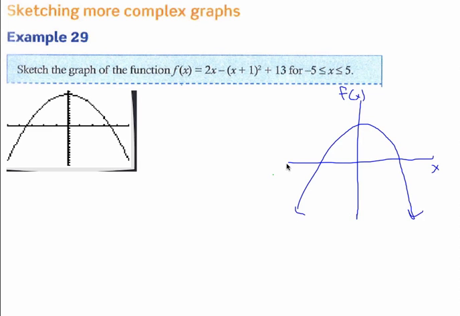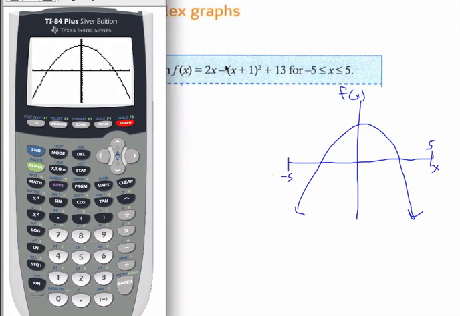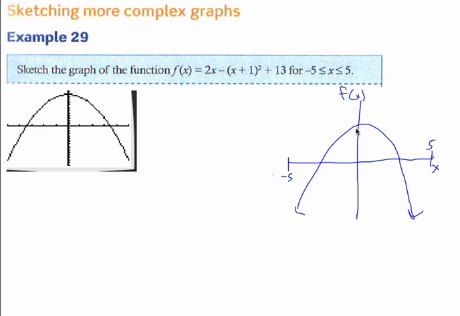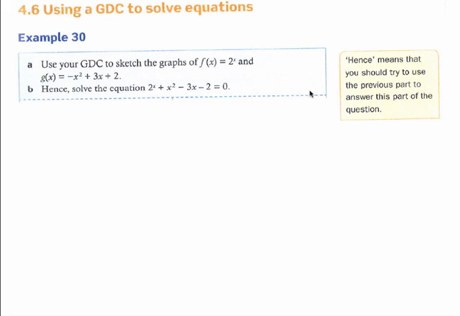Our range is negative 5 to 5, so we can put that in there as well, like negative 5, 5, so we get some idea of the size of this thing. You can also check out on your table, maybe the y-intercept is 12, so we can probably label that point so we have some indication of the size of the parabola.